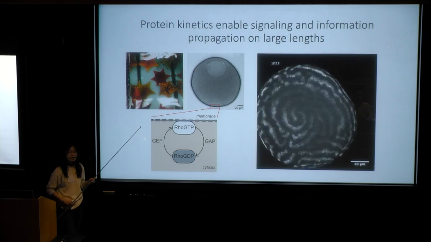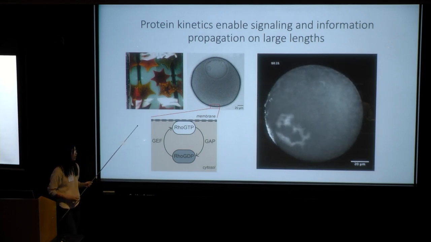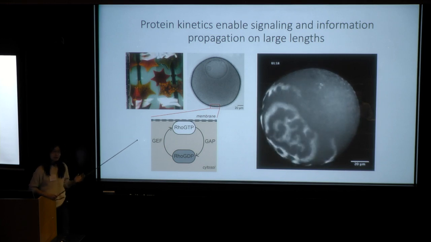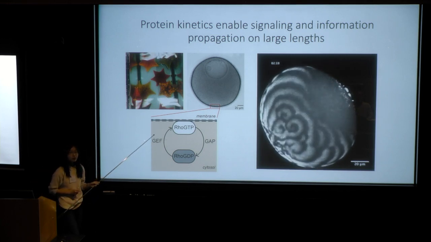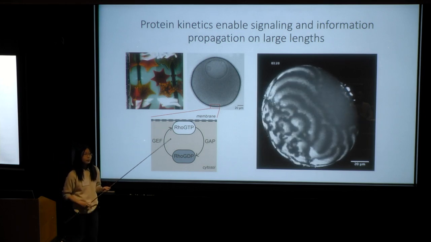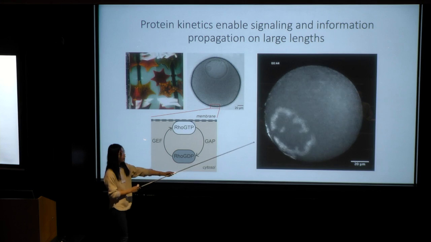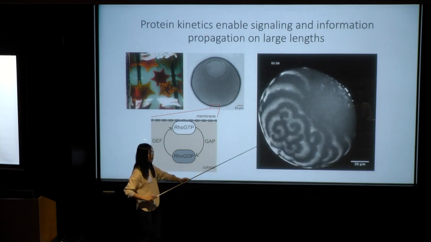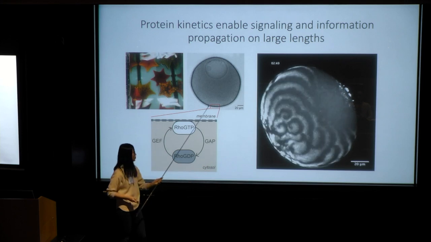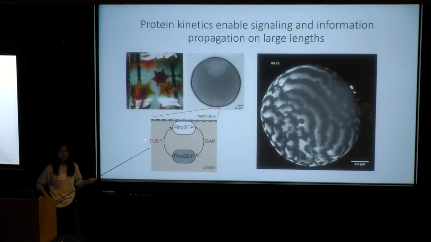Despite the huge size difference between the Rho protein and the starfish oocyte, during early development, the concentration of the Rho protein in its active conformation often needs to be coordinated on the cell level. An example is the initiation and propagation of spiral waves in the active Rho protein from one side of the cell to the other when we put extra activation enzyme GEF into the oocyte.